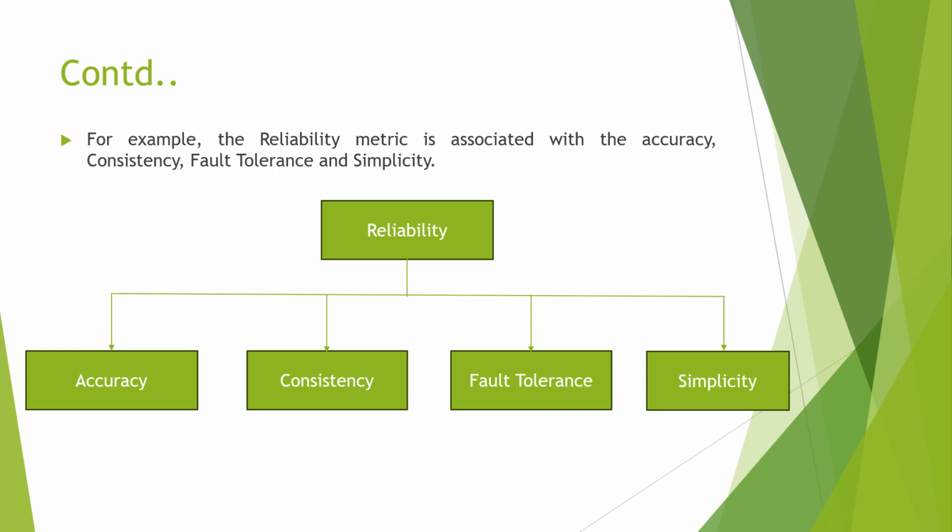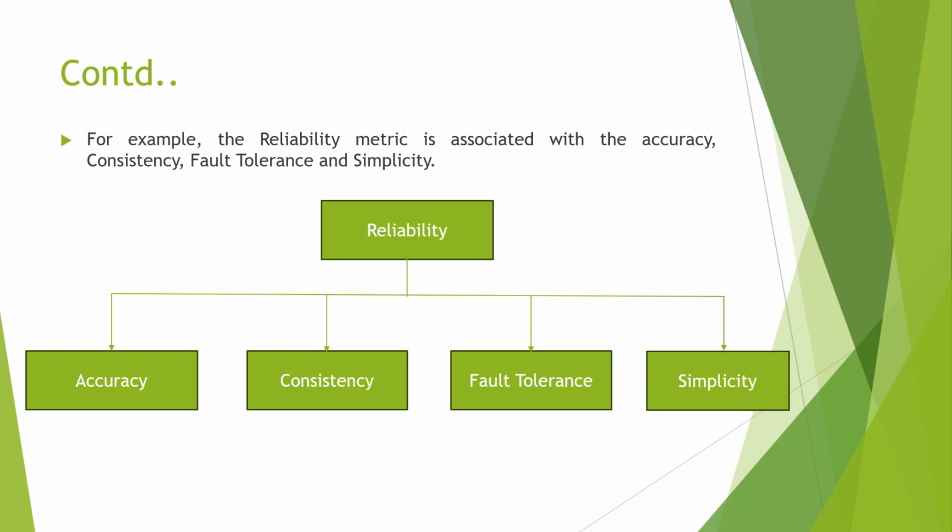Here, accuracy says that the product should be very accurate and consistent, and fault tolerance. Fault tolerance means that the different kinds of faults received from the customer or programmer or developer should be adapted and rectified easily by using the product.